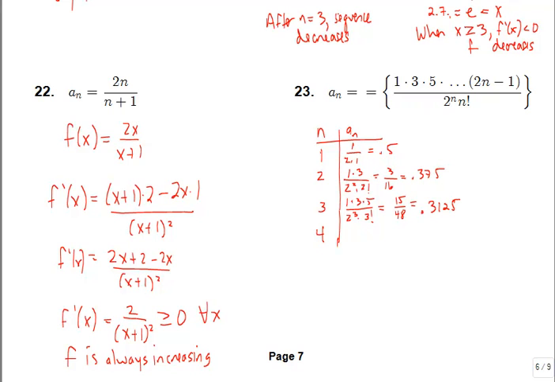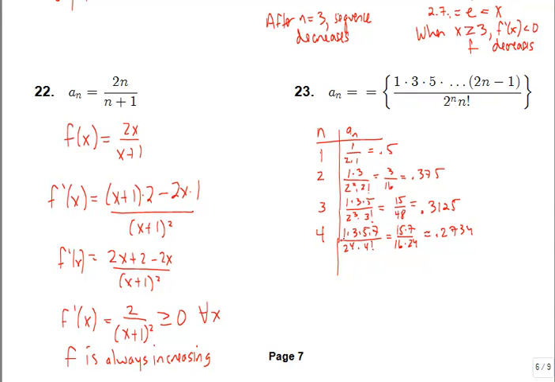If n is 4, then we would do 1 times 3 times 5 times 7 over 2 to the 4th times 4 factorial. So that's going to be 15 times 7 on top, and 2 to the 4th is 16, and 4 factorial is 24. So as a decimal, that's approximately 0.2734.